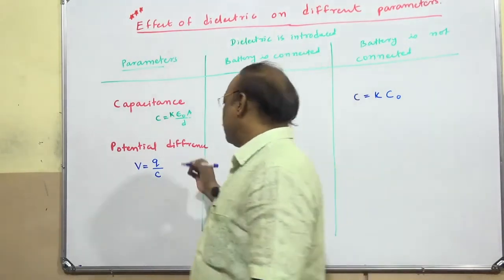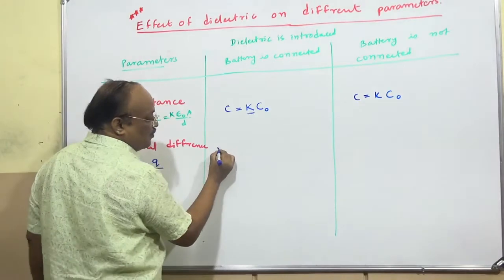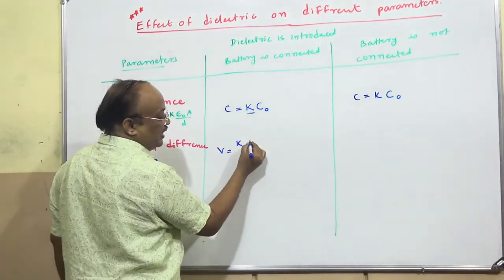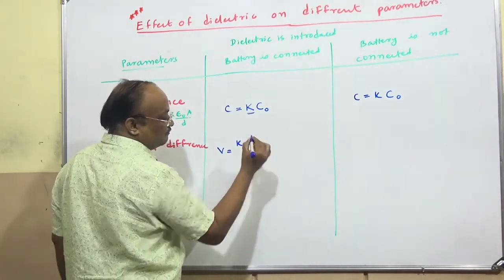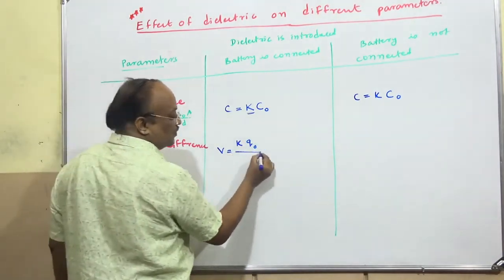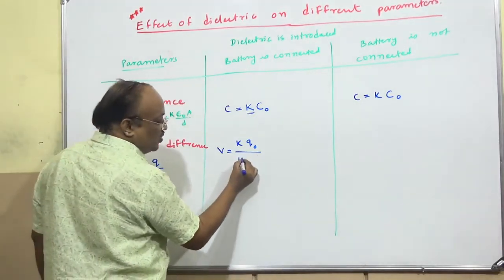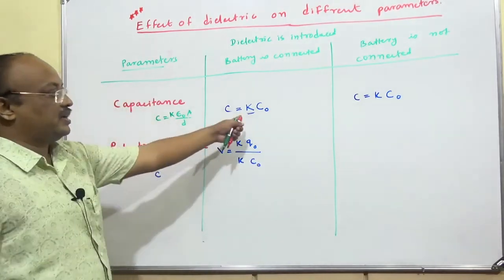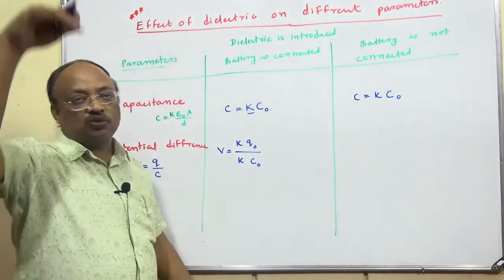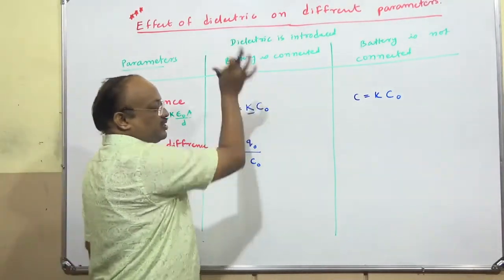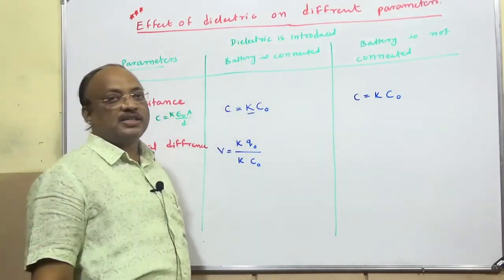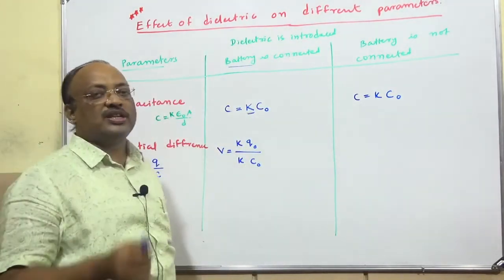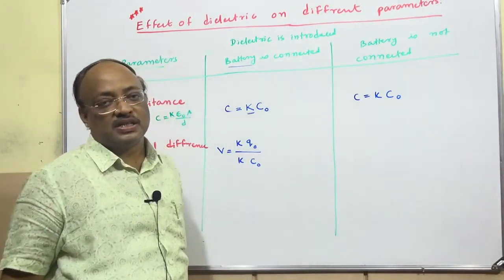So what happens to the charge here? In V is equal to Q by C, the charge also increases by K times, and capacitance is also increased by K times. As soon as the dielectric is introduced, capacitance is increasing, and since you have connected the battery, you have the chance to store more charges.